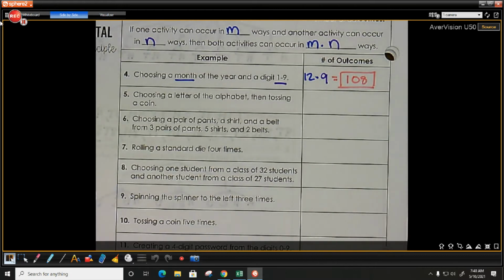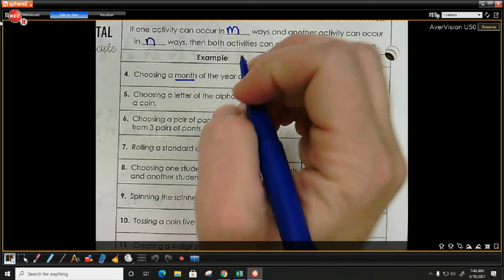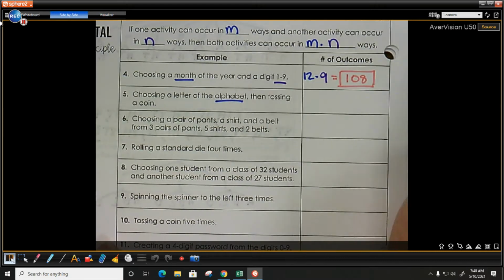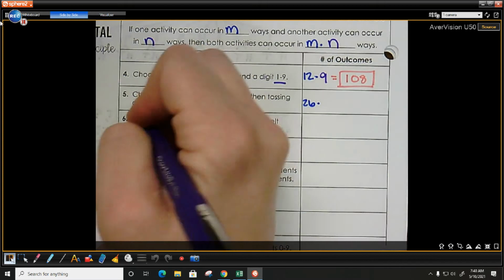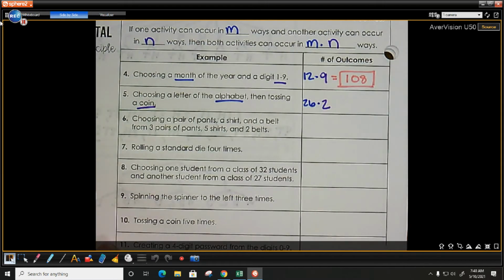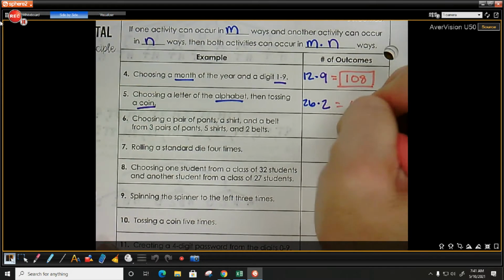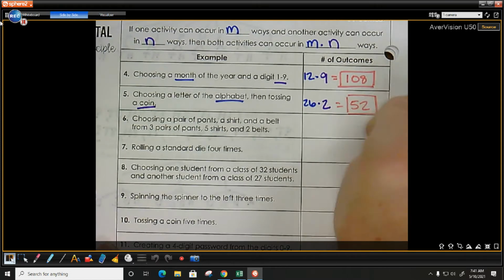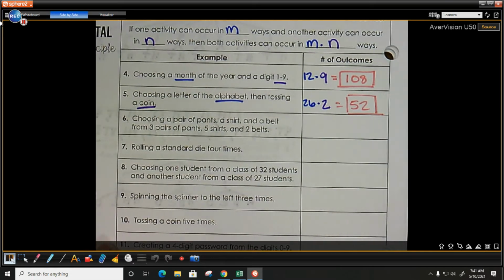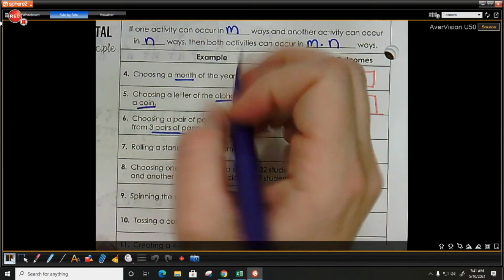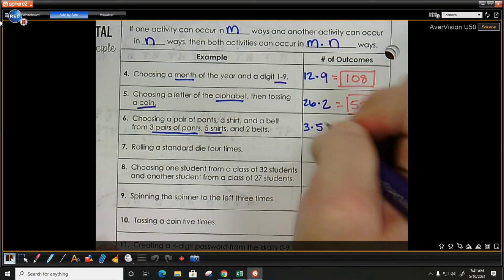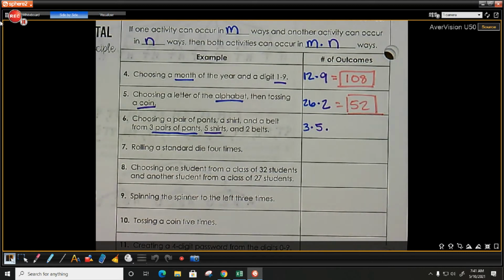Okay, choosing a letter of the alphabet. How many letters are in the alphabet? 26. Times tossing a coin. 2 options, so 26 times 2 is... Choosing a pair of pants, a shirt, a belt from 3 pairs of pants times 5 shirts times 2 belts.